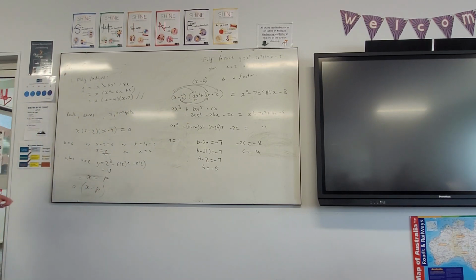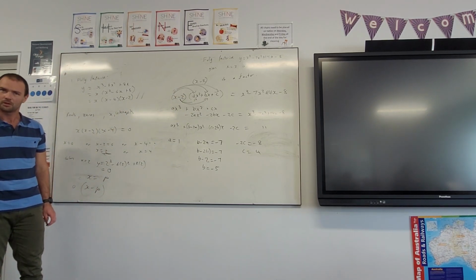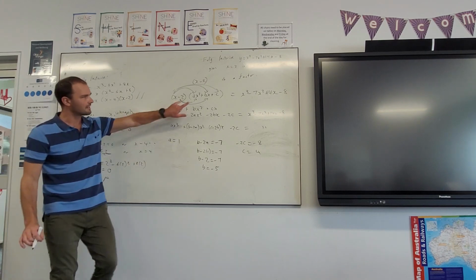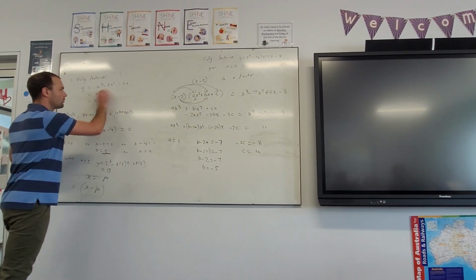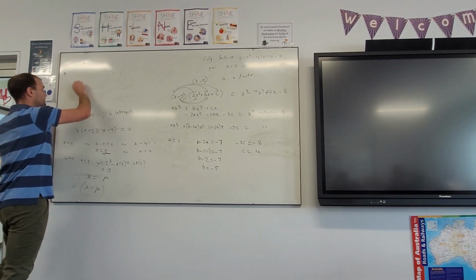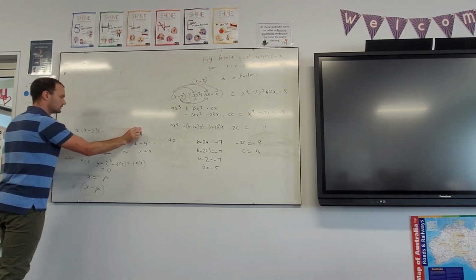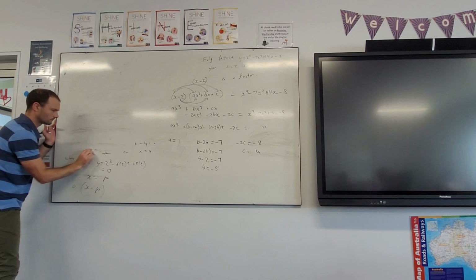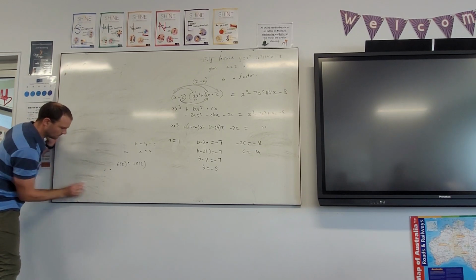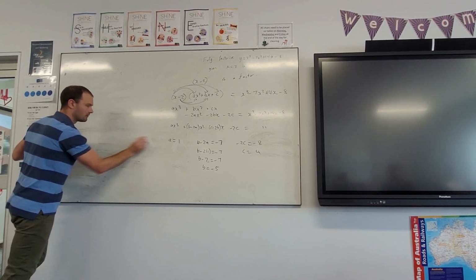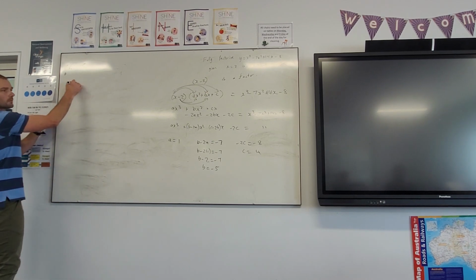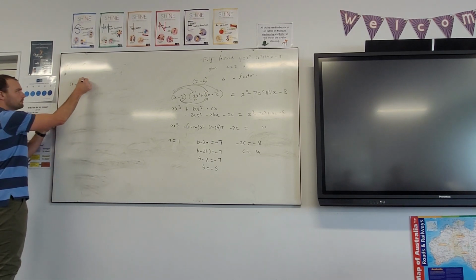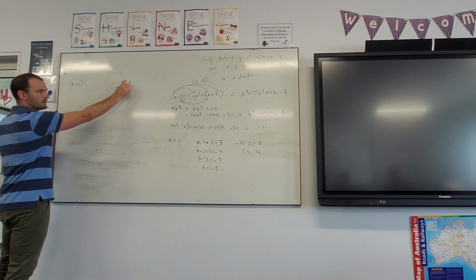All right, so we're not finished though. All we have done is found this quadratic. So I'm just going to rub this out and we'll continue up here. So we've got x take 2 multiplied by ax squared plus bx plus c.